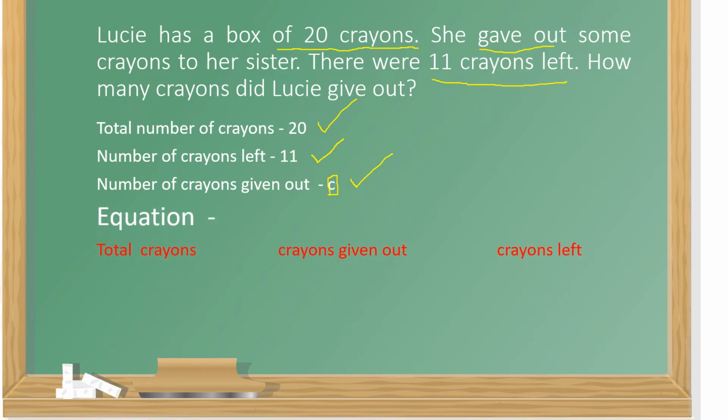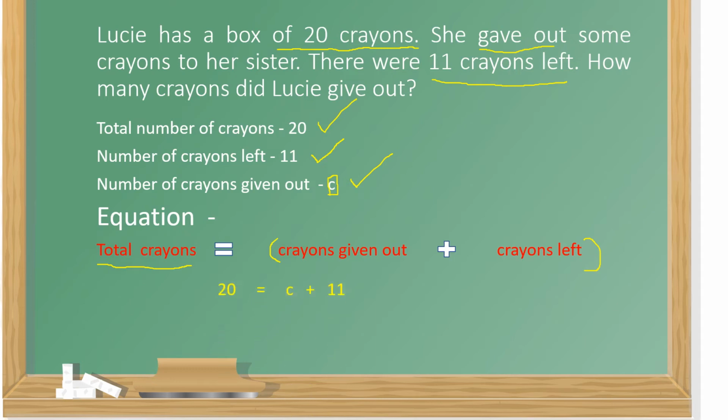We will put everything together to find an equation. Total crayons are kept on one side, and out of the crayons, either the crayons were given out or crayons were left. So I will use the sign of plus in between the crayons given out and crayons left, and both of these equal the total number of crayons.